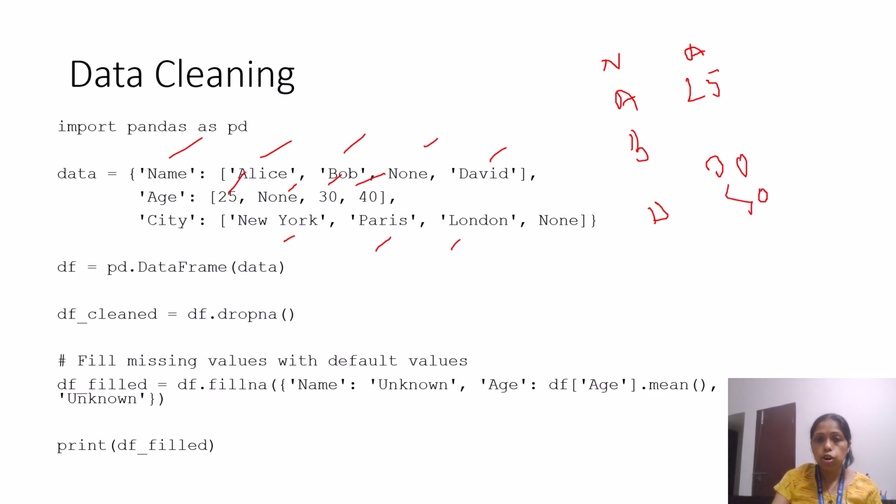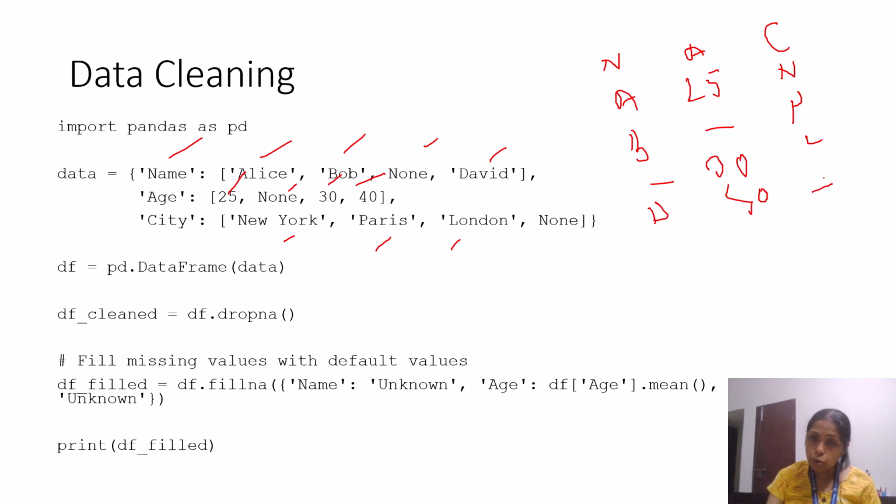Under city you have New York, Paris, London, and nothing. So this is a blank, this is a blank, and this is a blank, right?